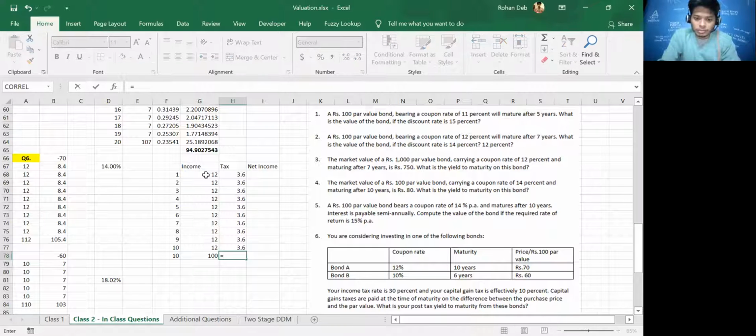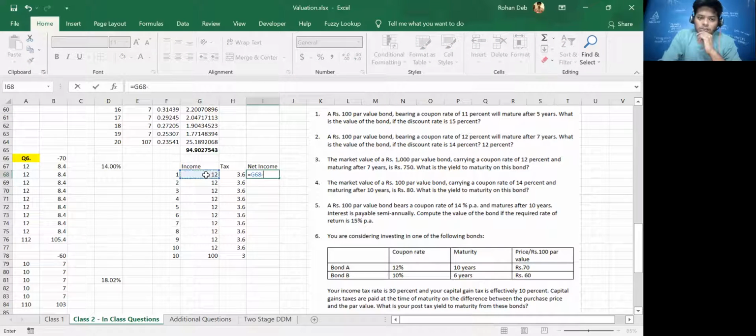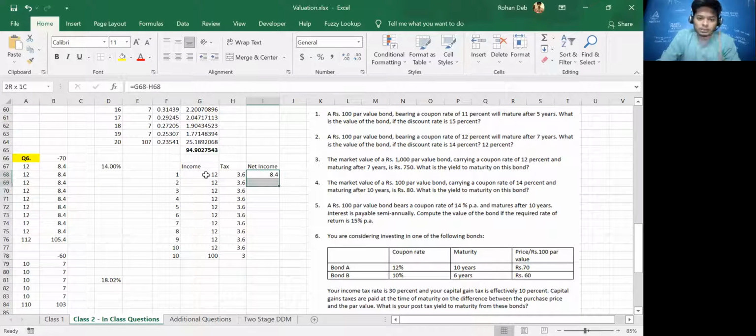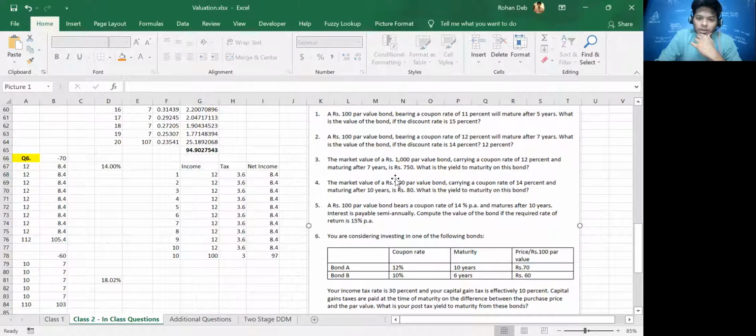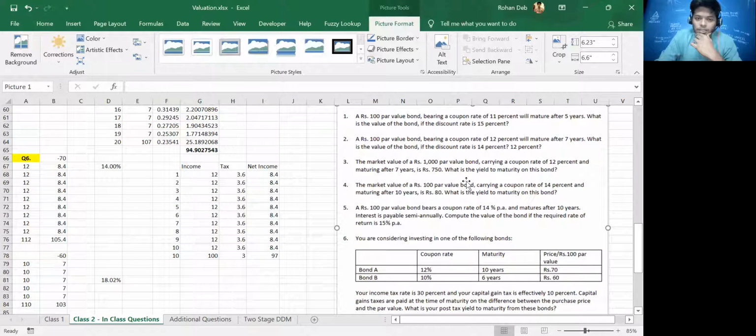So how you get 3 rupees is 100 minus 70, into 10%. So 3 rupees. Now you reduce that, equal to this minus this, and copy that entirely. So that is your net income. Now on that income, you use the present value factor.